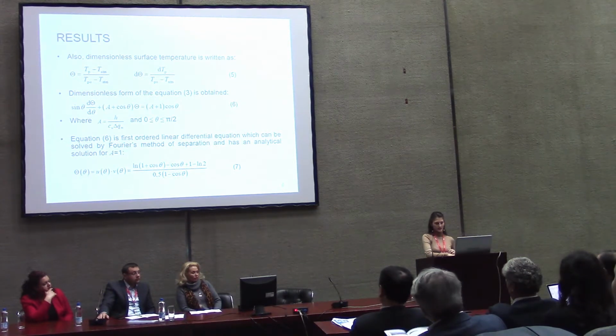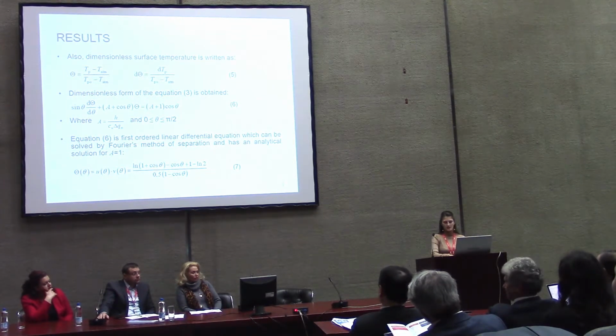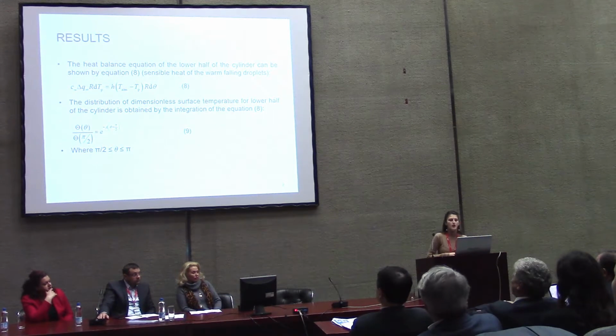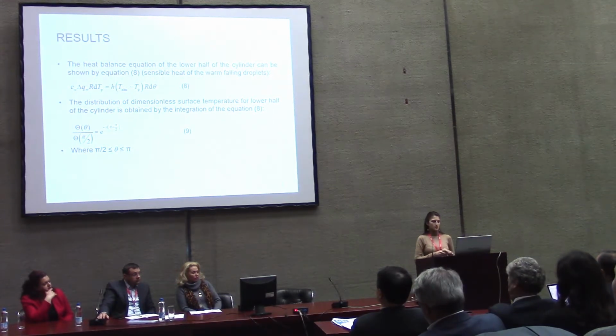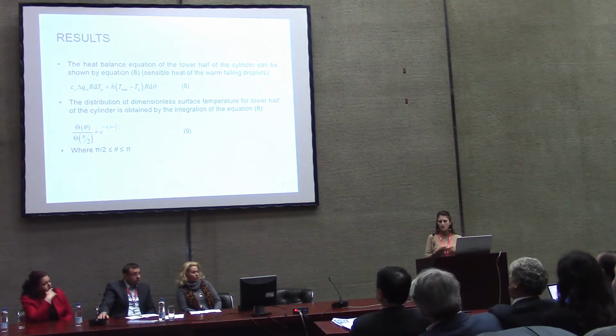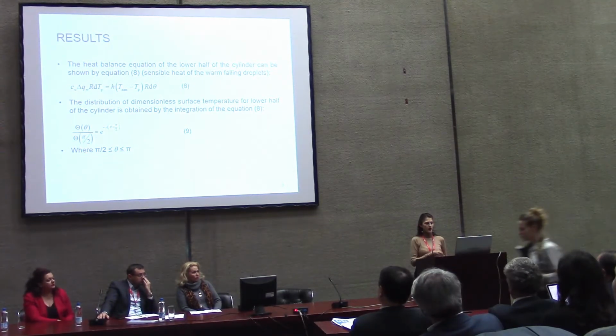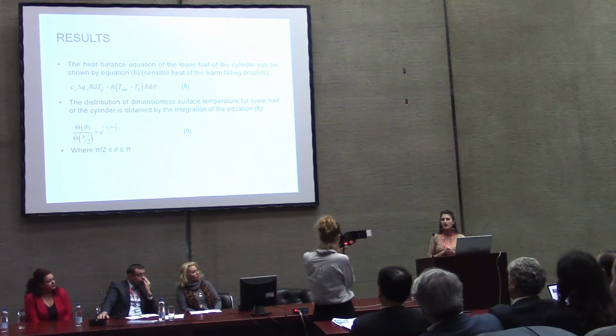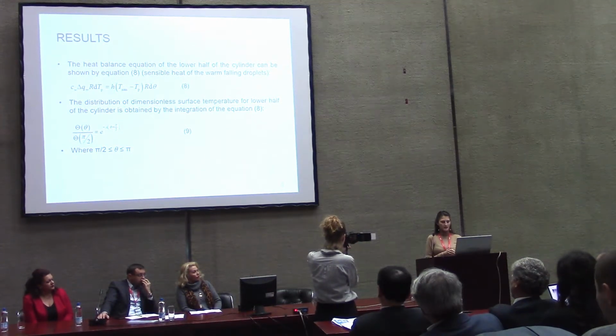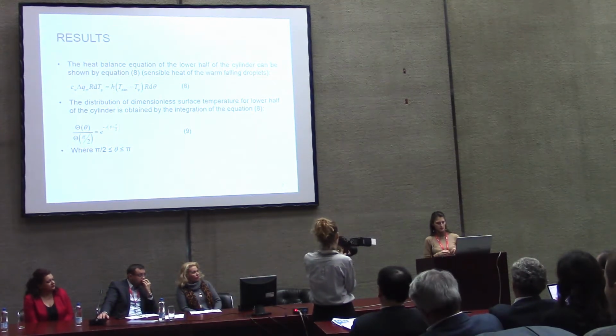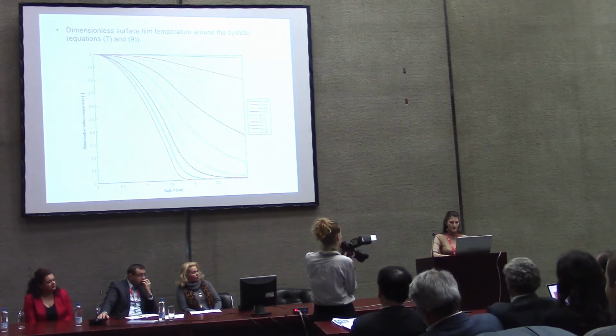And equation 7 states that dimensionless surface temperature depends only on the angle measured from the top of the cylinder. This procedure is also applied for the lower half of the cylinder, and equation 9 represents the distribution of dimensionless surface temperature for the lower half of the cylinder, and angle theta has values between half pi and pi.